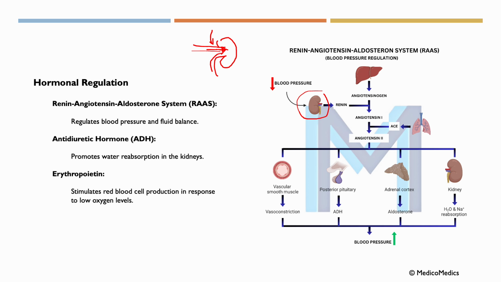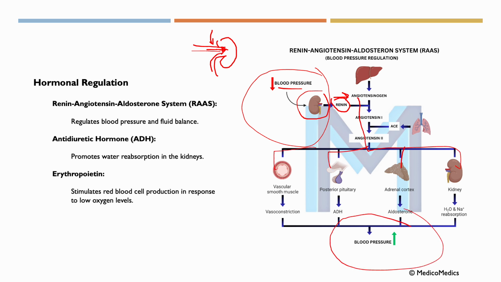And with that, it has detected a drop in blood pressure, so it releases renin, and this cascade then kicks off with the sole purpose of increasing our blood pressure. So that's the brief introduction to the renin-angiotensin-aldosterone system.